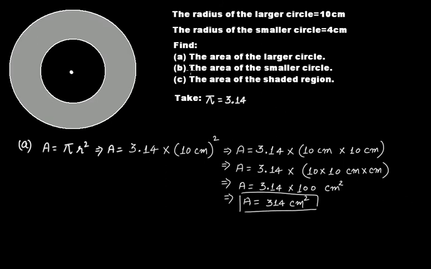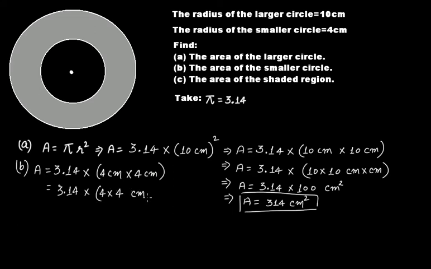Similarly for part B, if you calculate area using the same formula, 3.14 times r square means 4 centimeter times 4 centimeter, and this becomes 3.14 times, multiply the numbers together and then units together, right?